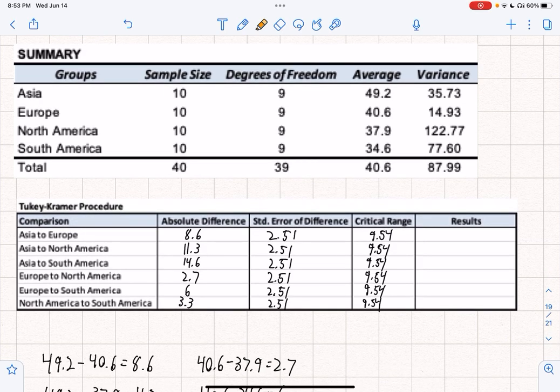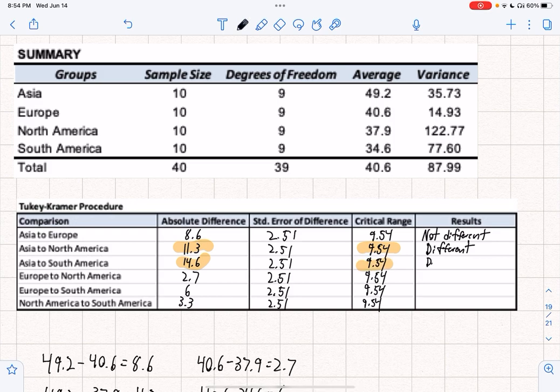So let's take a look. Is 8.6 bigger than 9.54? No. And so we will say not different. Okay, next. Is 11.3 bigger than 9.54? Yes. So we would say different. Is 14.6 bigger than 9.54? Yes.